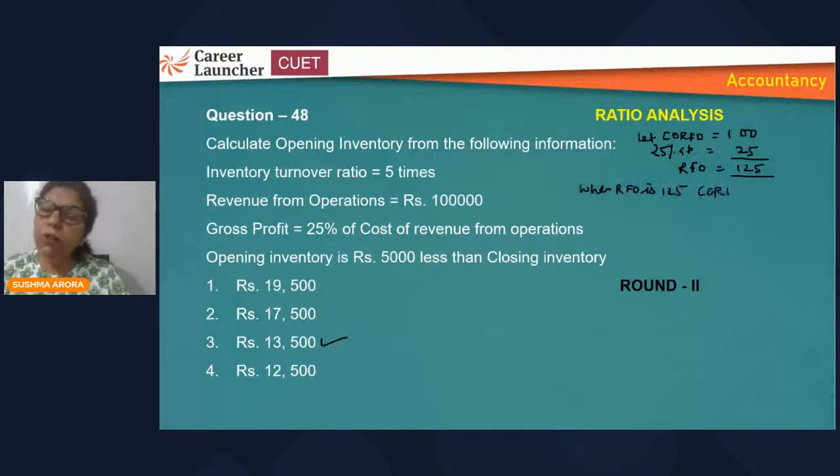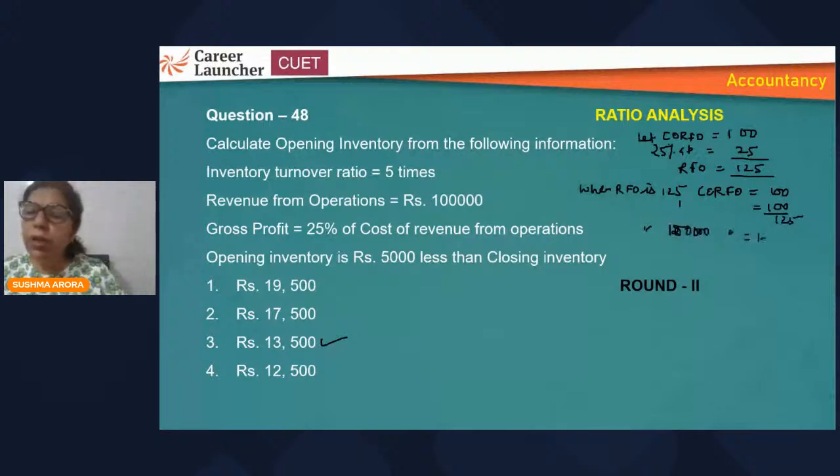So for 1, it is 100 upon 125, and when RFO is given as 1 lakh, what will be Corfo? 100 upon 125 into 1 lakh. So that will be 80,000. So Corfo found by you is 80,000.